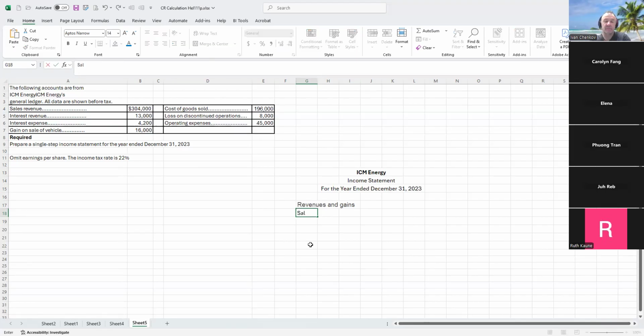Sales revenue. What's the next one? Interest revenue. Next one? Gain on sale of vehicle. Anything else?